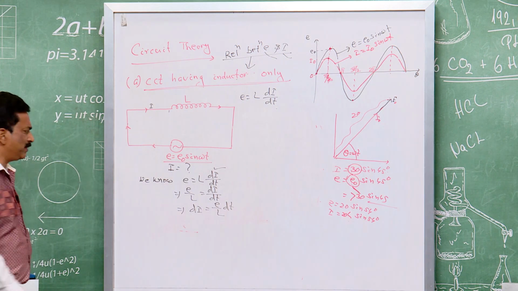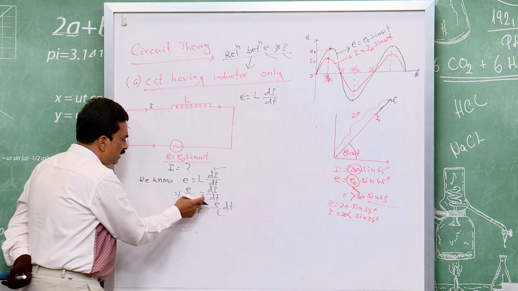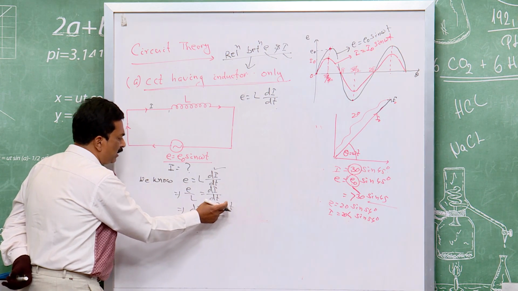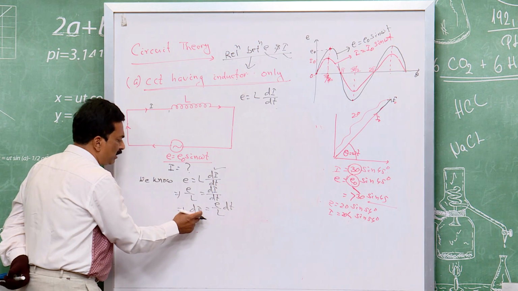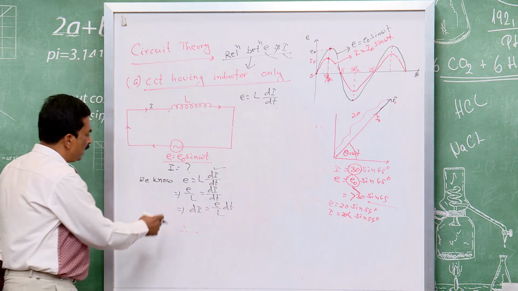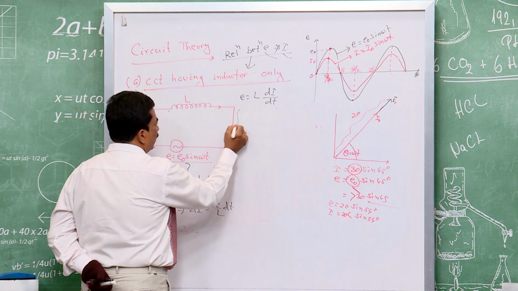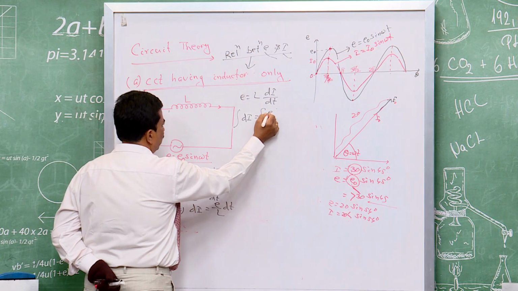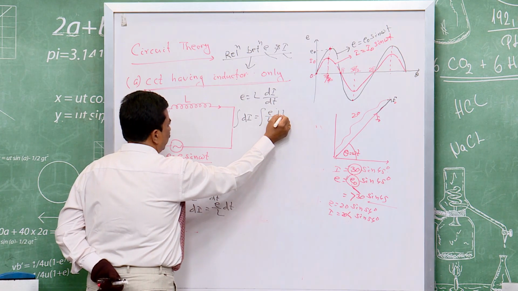Just rearrangement. E by L, this dt came here. So, E dt by L is equals to di. Di is equals to E by L dt. So, if you will integrate that one, so integrating di of E by L dt.